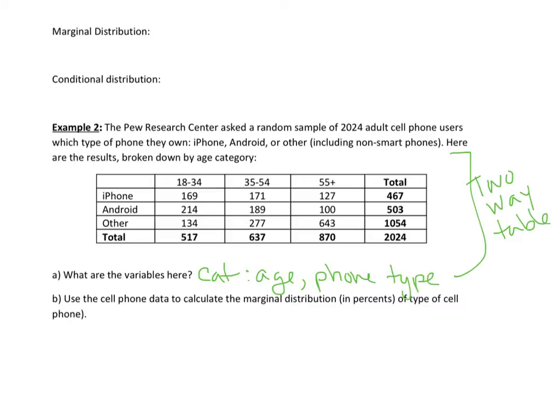What the marginal distribution is, if you look at one of the margins, for example, the margin over here with the totals of all the cell phones, the marginal distribution is going to be the percent of people in each category.